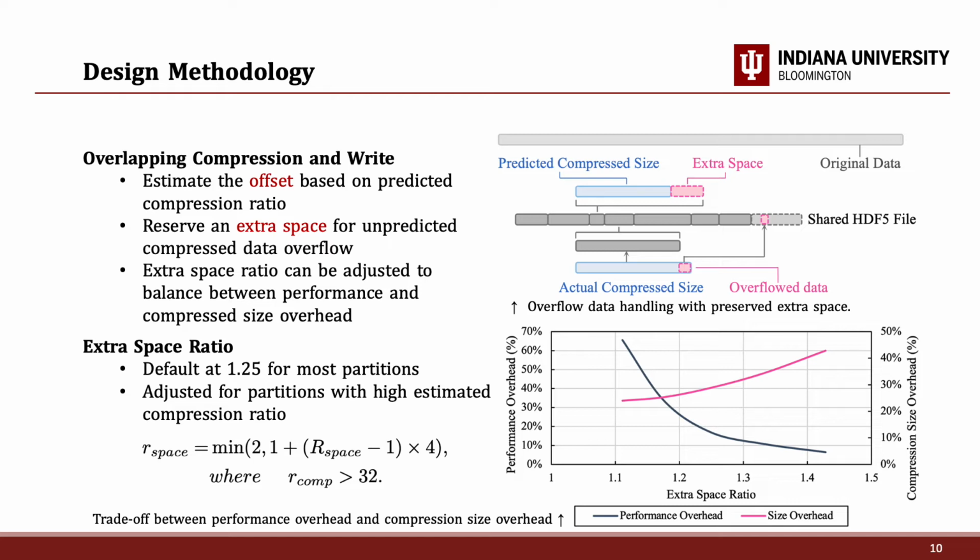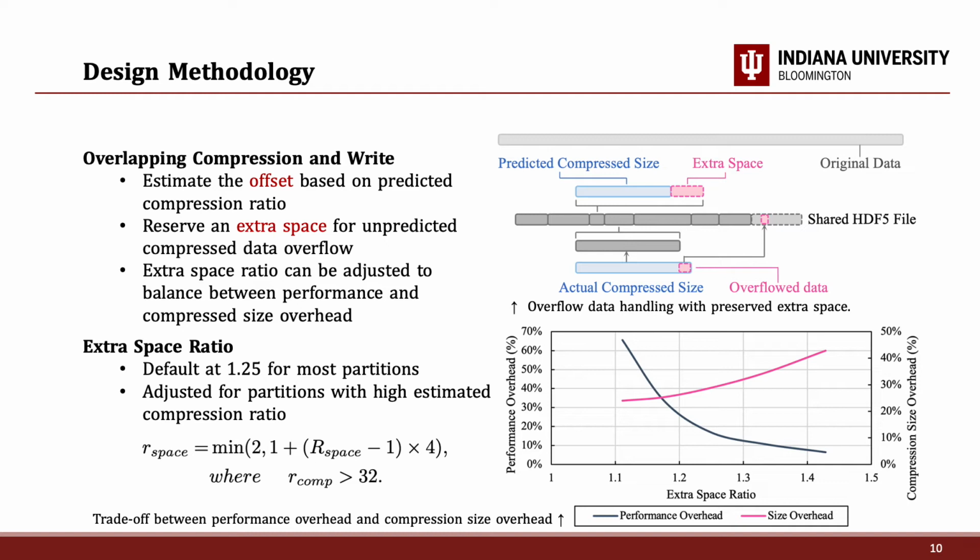So you can see there is a balance between the extra space size and the performance overhead. If we assign a very large extra space, then the extra space overhead can be very large. However, if we assign a very small extra space, then the data overflow can be very frequent and the performance overhead will be enlarged.